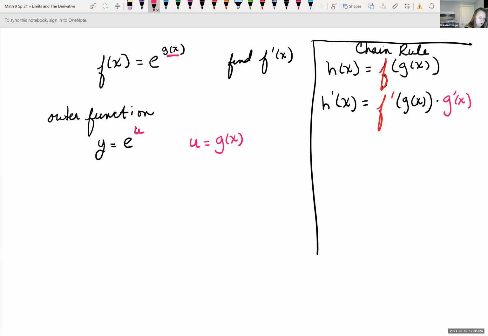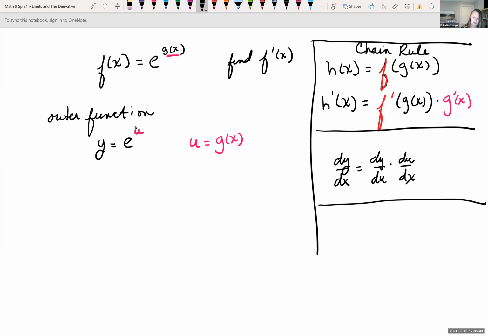Another way of writing this chain rule, we could say that dy dx is the same thing as the derivative of y with respect to u, so dy du, times du dx.